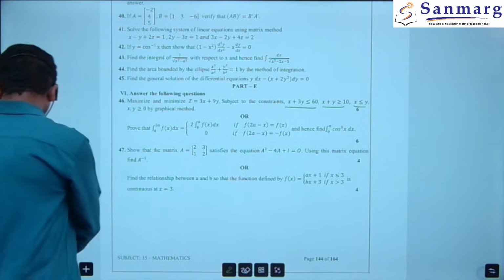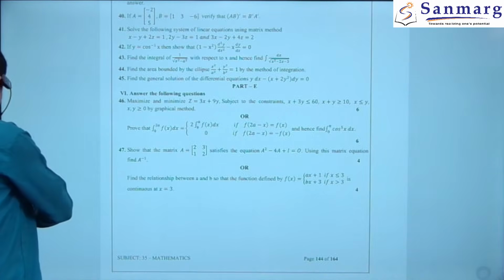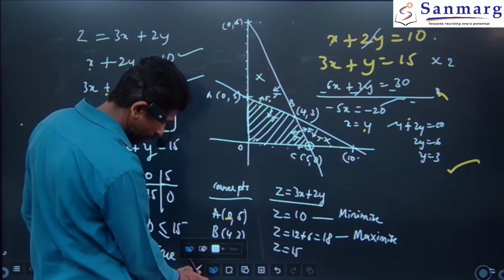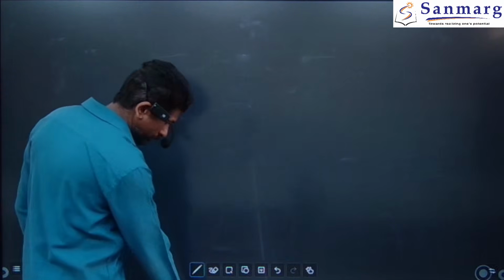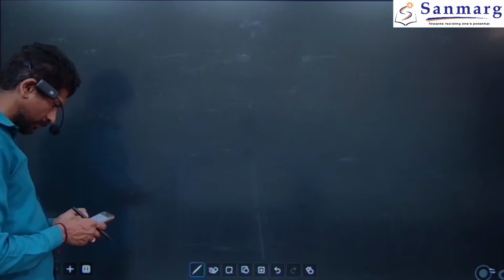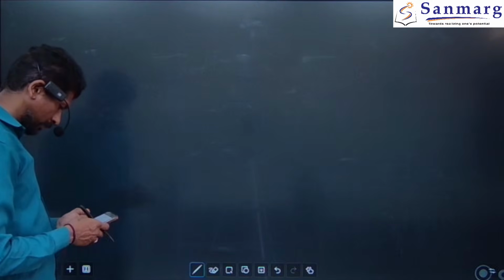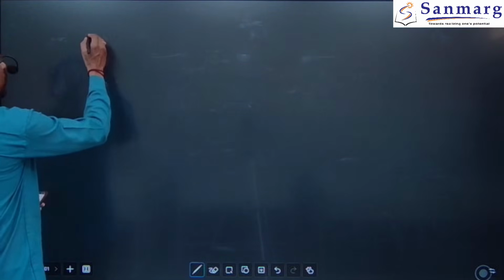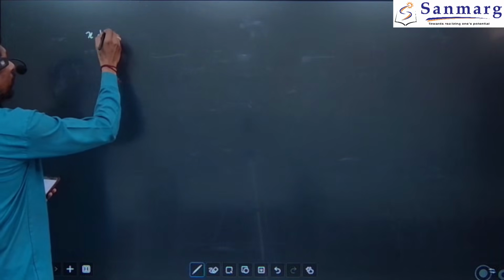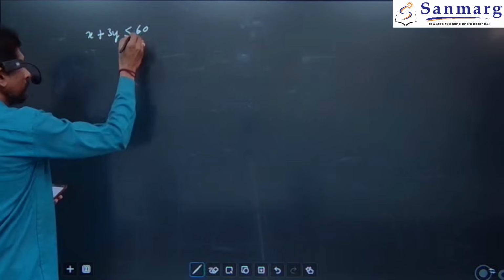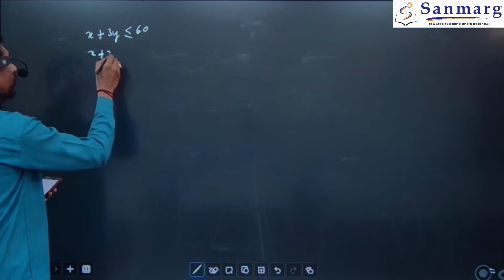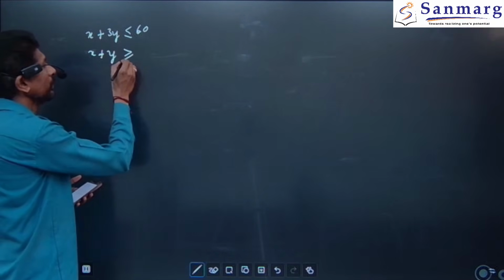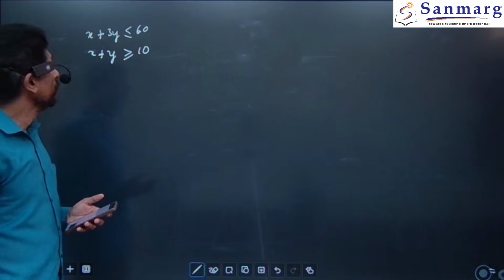So the second one I will consider now. x plus 3y is less than or equal to 60, and x plus y is greater than or equal to 10.